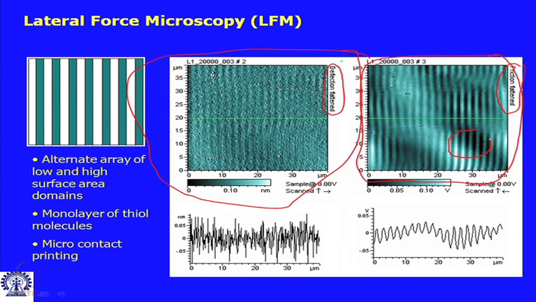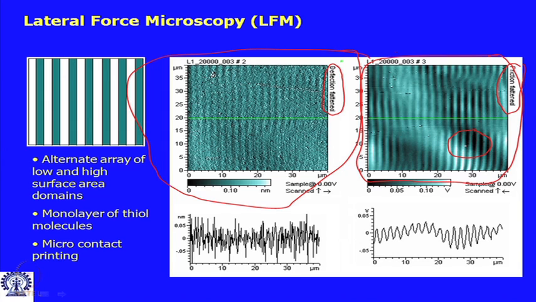This is something you can't say looking at the image. What you must understand is that this gives you an idea that there are some domains which have a difference in surface properties. It can be friction, it can be adhesion, it can be surface tension, whatever. But whether the darker one or the brighter one corresponds to the higher or lower surface energy, you can't directly correlate. What you can do is look at the amount of voltage that is necessary, and based on that you can identify the domain which offers more resistance.